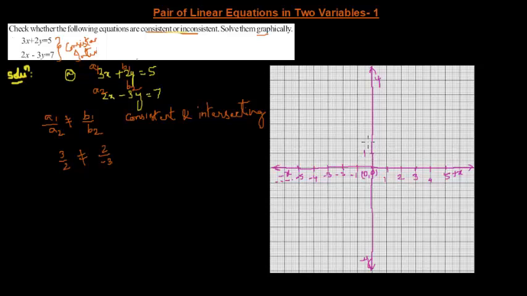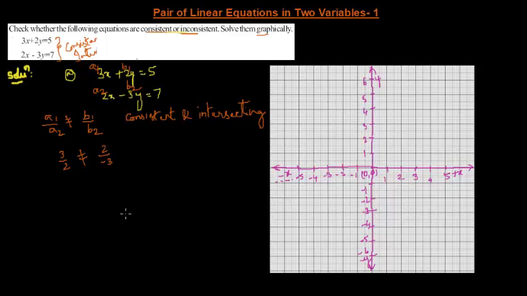Similarly, I will be having 1, 2, 3, 4, 5, 6 on y-axis and minus 1, minus 2, minus 3, minus 4, minus 5, minus 6 on y-axis.